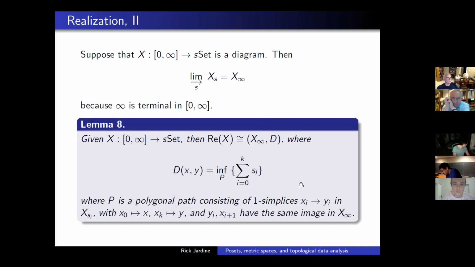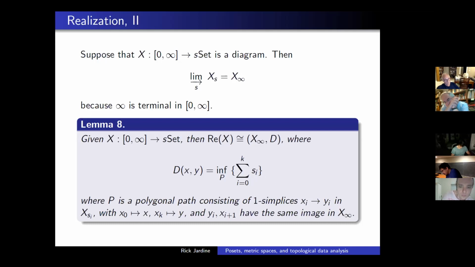And so you start with such a diagram, construct the realization, and the question is, what's the metric on that? The metric between two points in any simplicial degree is defined to be an inf over sums of these numbers s_i, indexed over polygonal paths and simplices corresponding to various parameters s.